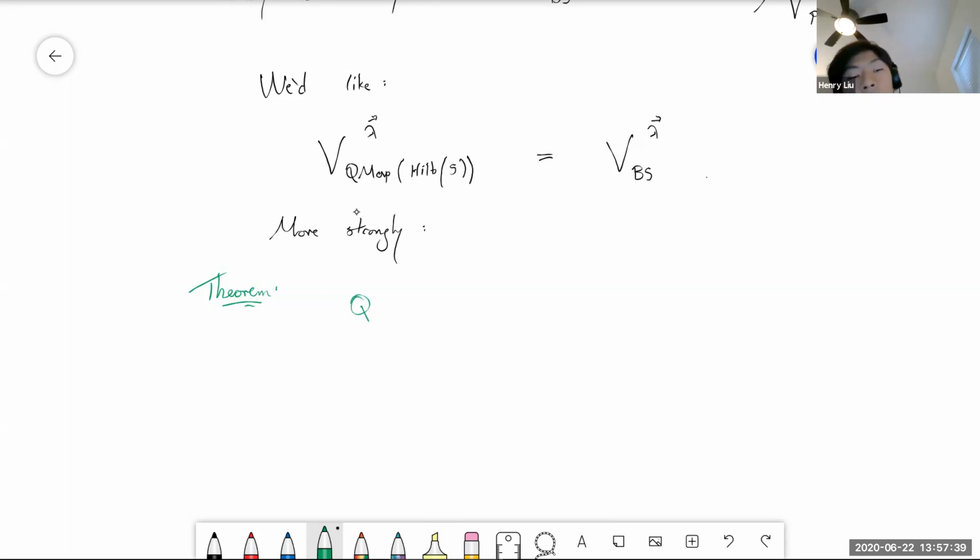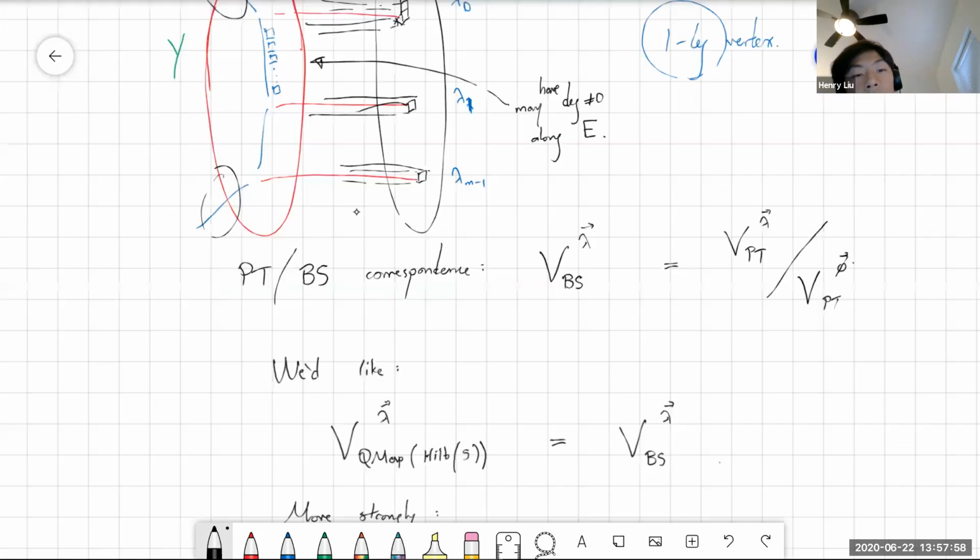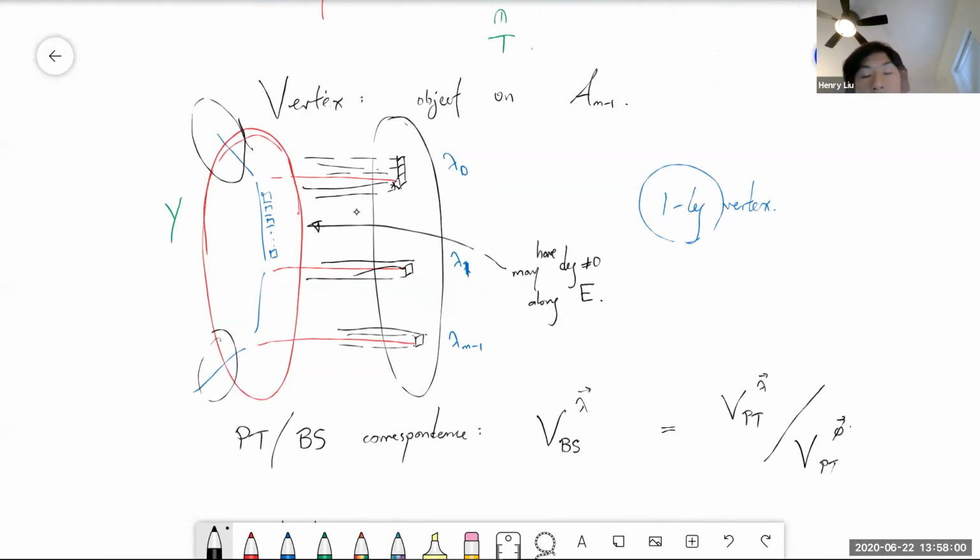Now here I have to be a bit more specific about which moduli spaces are equivalent. Here I should say something like quasi maps to Hilb S, except here when we're thinking about the vertex, we're not really thinking about the entire quasi map moduli space, and we're not thinking about the entire BS moduli space.